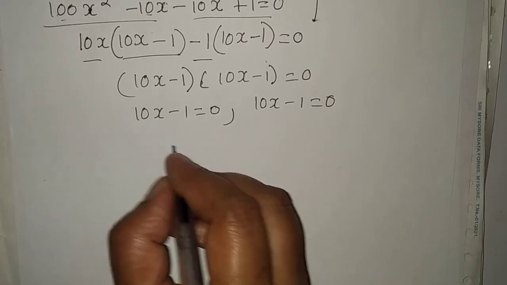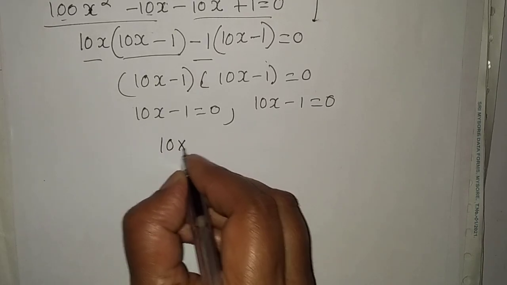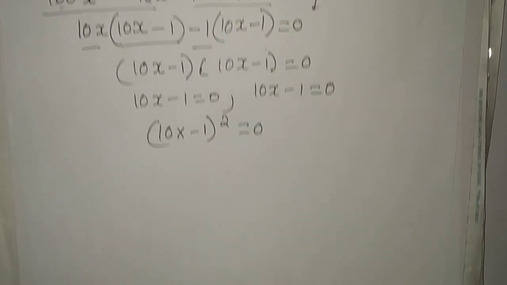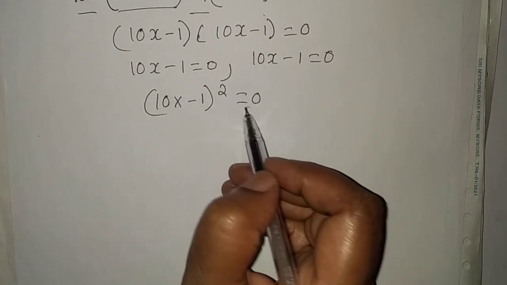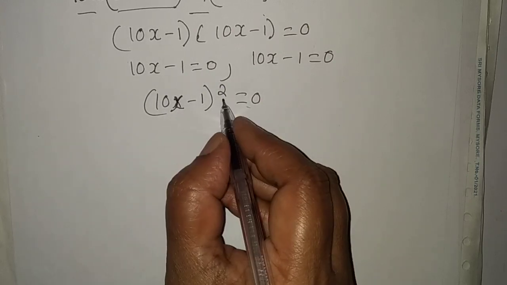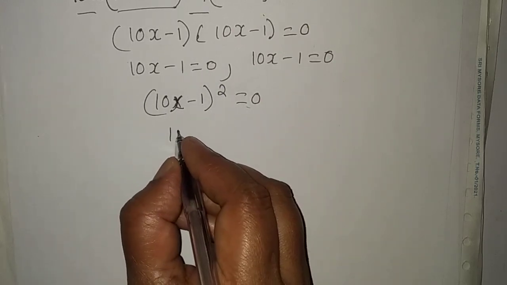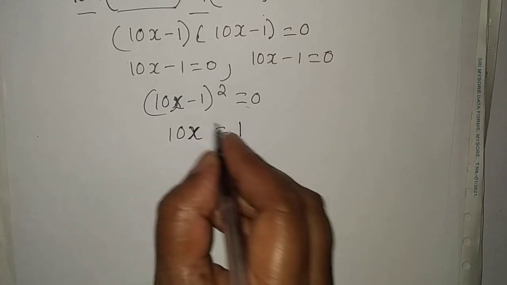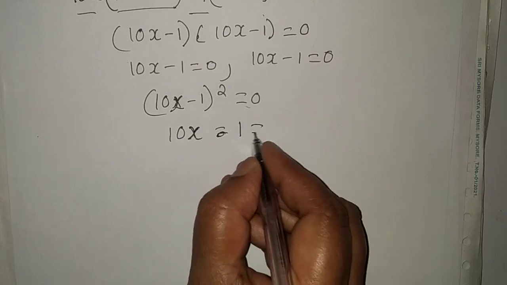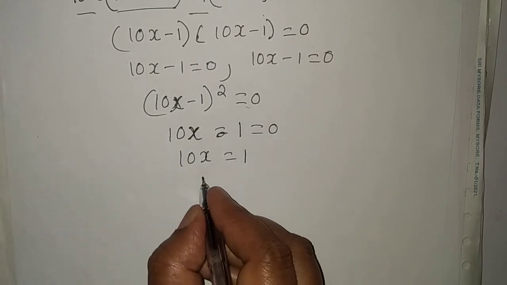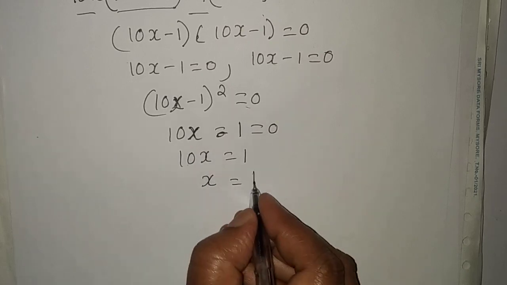So these can be written as 10x minus 1 the whole square is equal to 0. These things combine and we can write it as 10x minus 1 is equal to 0. Therefore 10x is equal to 1. Therefore x is equal to 1 by 10.